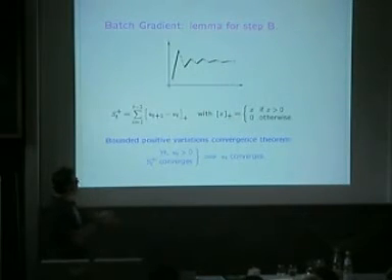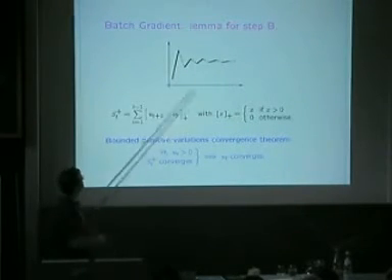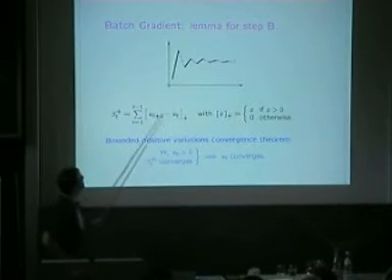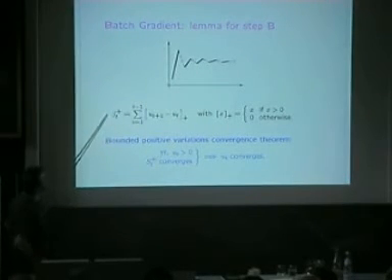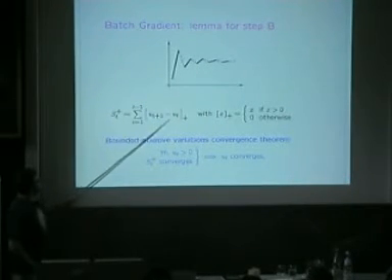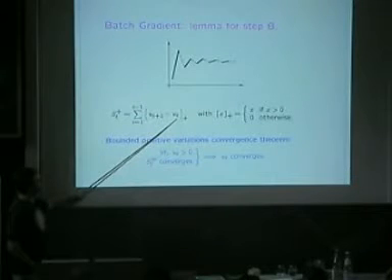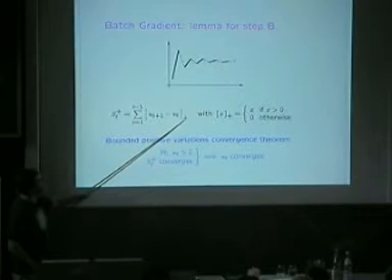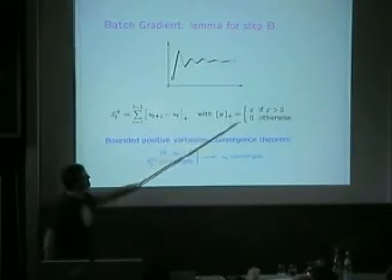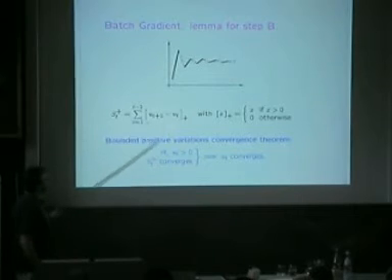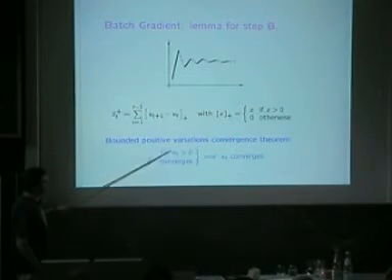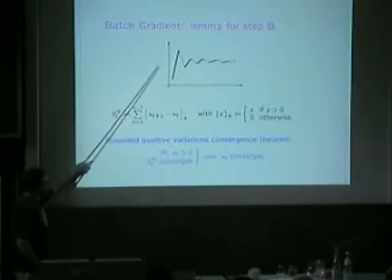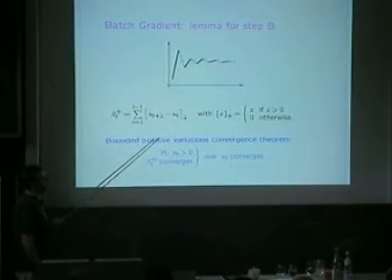But the one that goes up, I need to assume it doesn't go anywhere. So I define the sum of the positive increments of the sequence u_t. The plus here means that I just take the positive ones. And if I have a positive sequence, and if this sum converges, then everything converges.